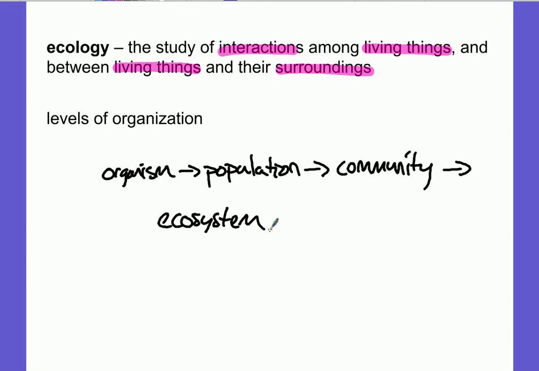Which means that not only do you have multiple species that are interacting with each other, but they're also interacting with non-living things that would also be really important to them, like, say, water, sunlight, oxygen in the air, right? So all of those things that come together, that's what makes an ecosystem at that point.